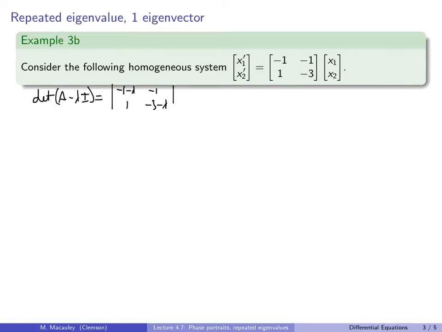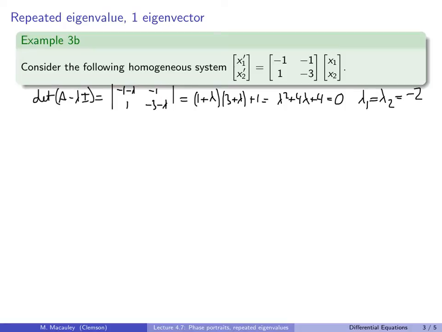If we multiply this times this, we can pull out a negative 1 from each of these, and they will multiply together to be 1, so we can write this as 1 plus lambda times 3 plus lambda plus 1, and that's lambda squared plus 4 lambda plus 4, which is 0, and so this is going to have roots lambda 1 equals lambda 2 equals negative 2.